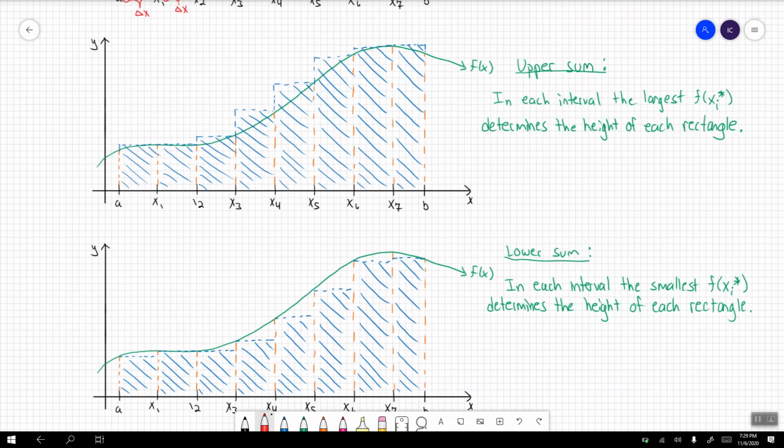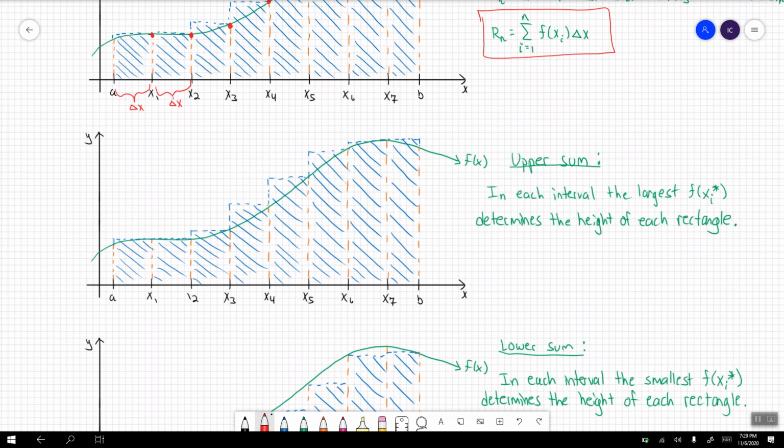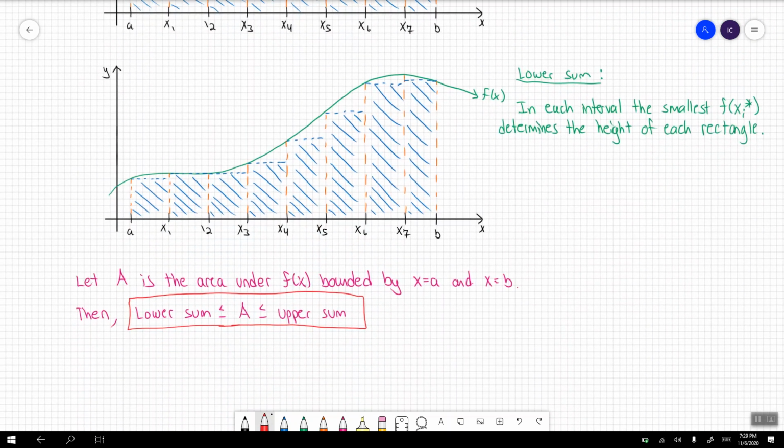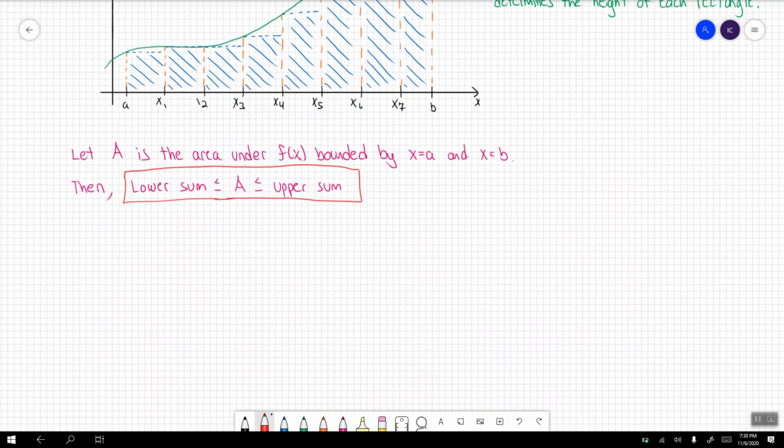That is why we want these upper and lower sums. So let's work on an example where we use left endpoints, right endpoints, upper sums, and lower sums to find an approximation for an area.